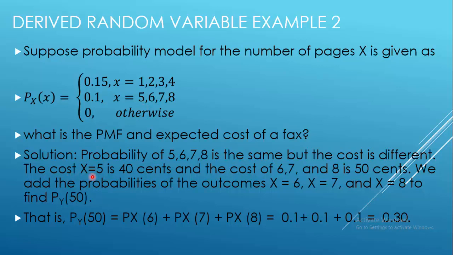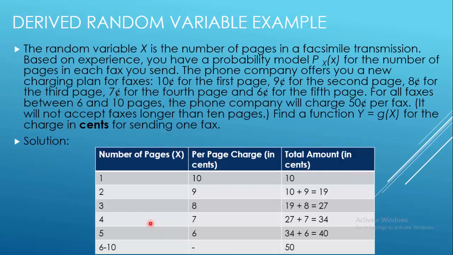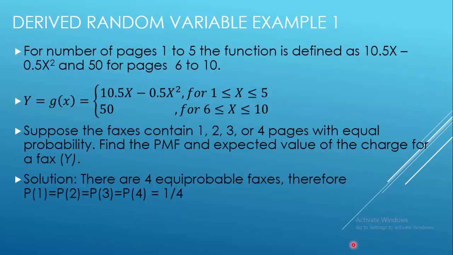So the cost of x equal to 5 is 40 cents and the cost of 6, 7, 8 is 50 cents. We have seen this over here. The cost for up to 5 pages is 40 cents, but if you go beyond that, up to 10 pages it is 50 cents. This is constant.